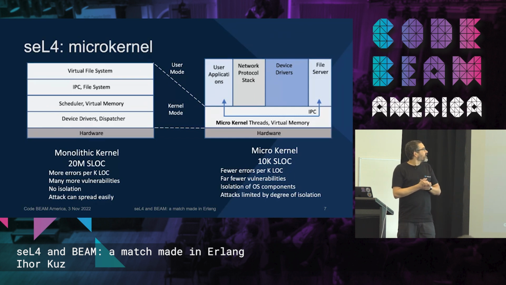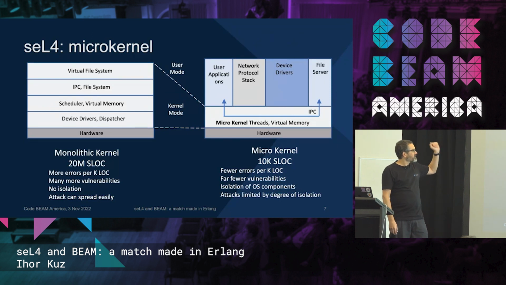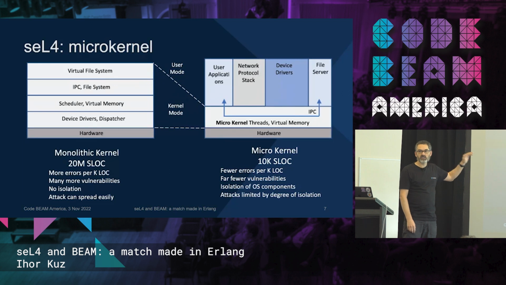The best way to explain why a microkernel is good is to explain what isn't a microkernel and why that's not as good. Traditional operating systems like Linux, Windows, and so on are based on a monolithic kernel. What that means is that all of the operating system functionality, like your file system, your network stack, your device drivers, your memory management, and so on, is all running in the kernel mode of a processor, the protected or privileged mode.